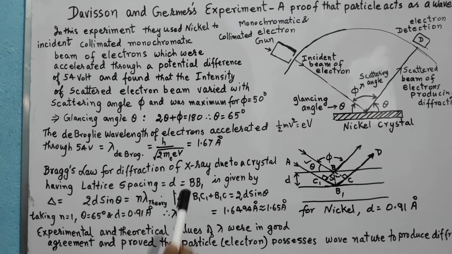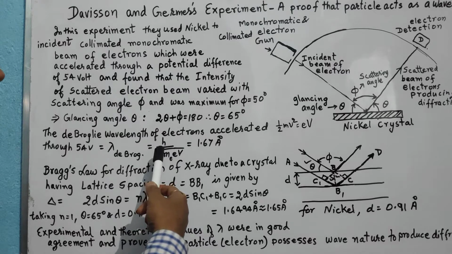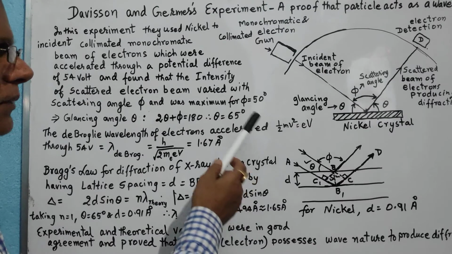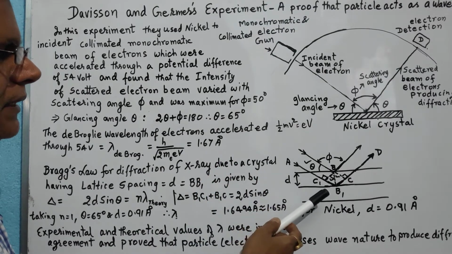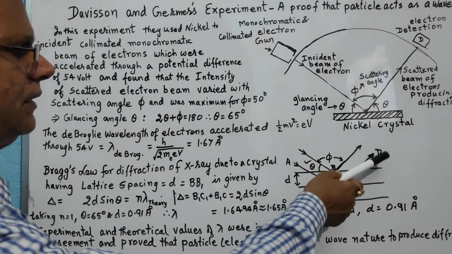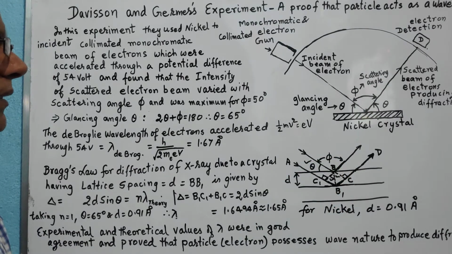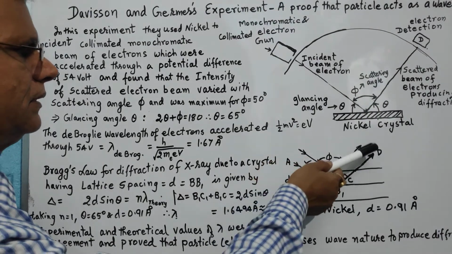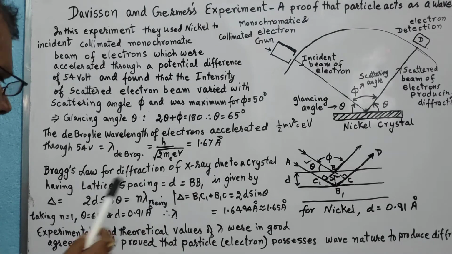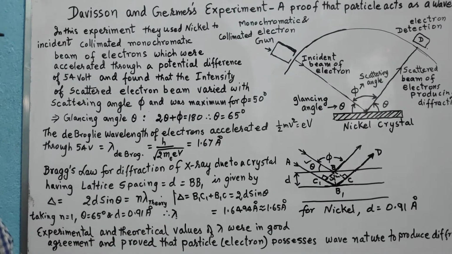Now this was predicted by de Broglie. Now there is one law which is known as Bragg's law. What it says is that when a beam of light is incident on a crystal, a diffraction pattern is formed, and the location where the maximum intensity is found satisfies the relation 2d sin theta is equal to n lambda, where n is an integer.